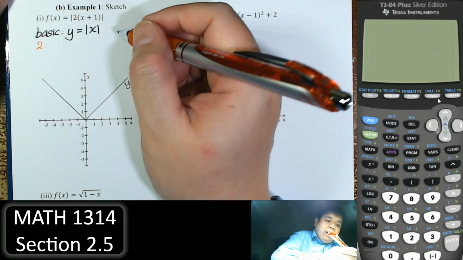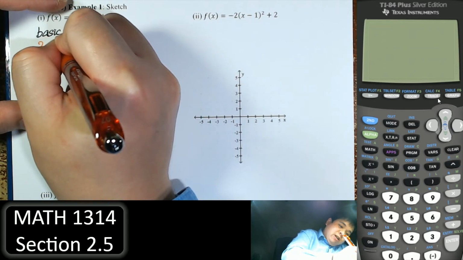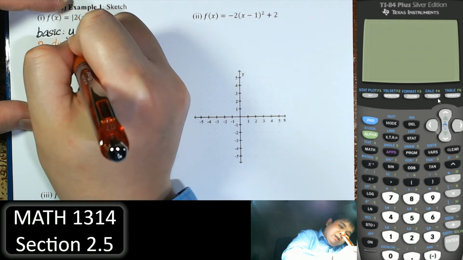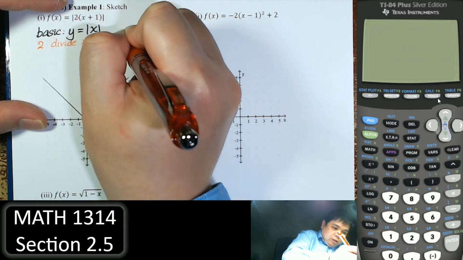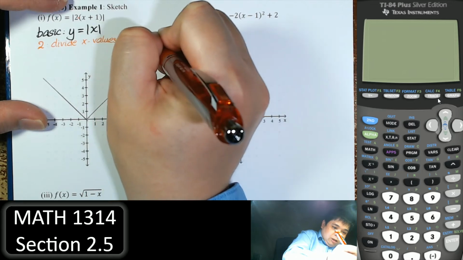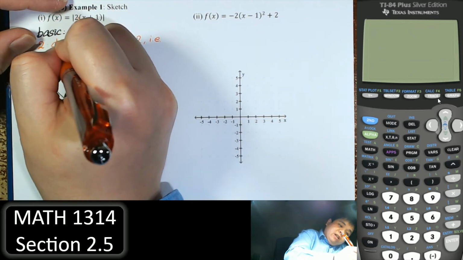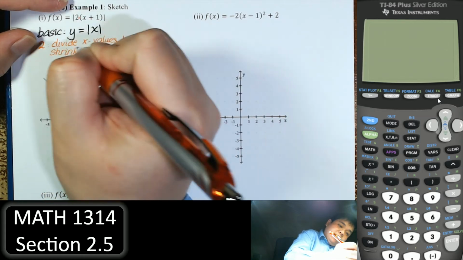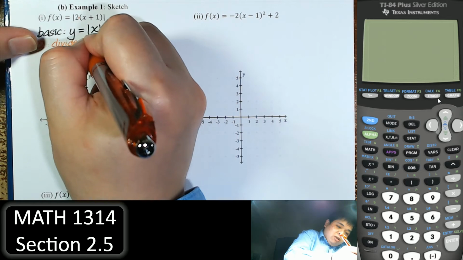So instead of multiply, we have to divide x values by 2, meaning it's going to shrink, right? Divide by 2, make things smaller, therefore shrink horizontally. I'm sorry, inside horizontally.